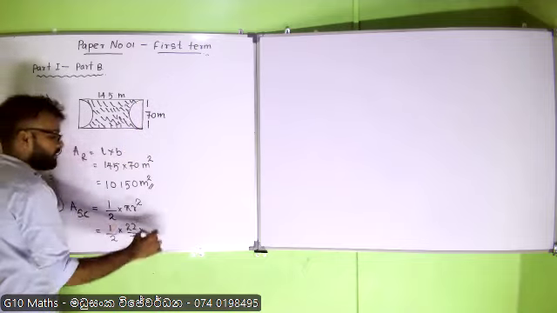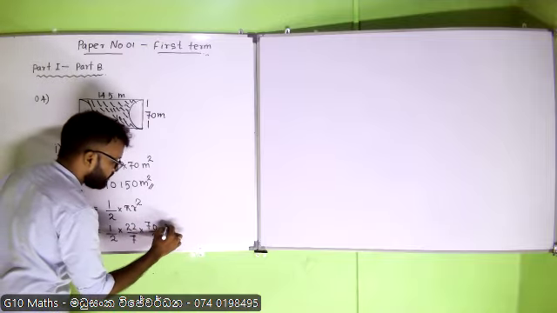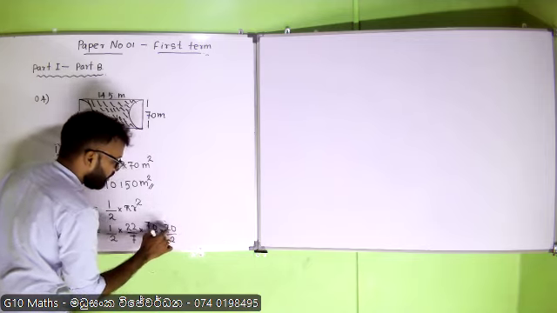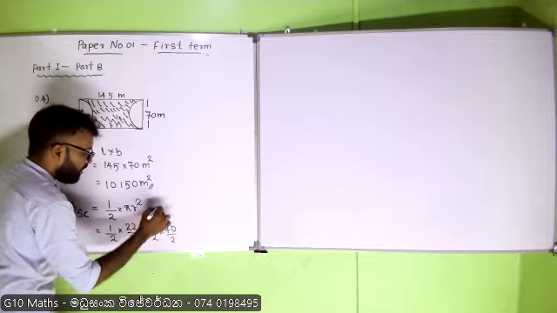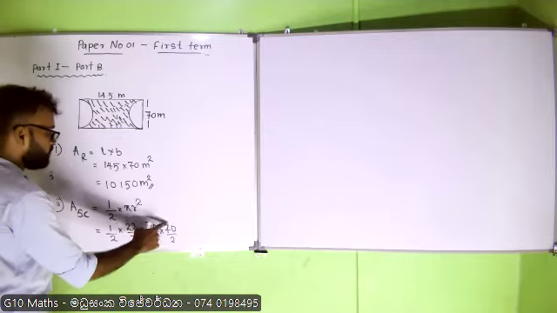Breadth is 70. What is r? 70 divided by 2, because r square is r times r. So 70 divided by 2 into 70 divided by 2.